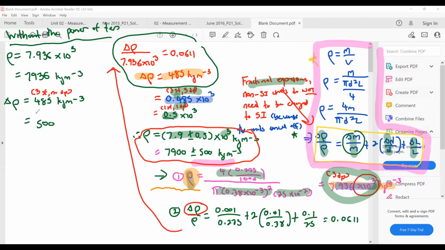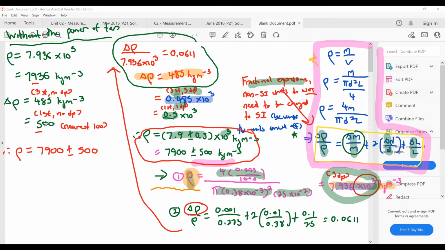But when rounded to 1SF, you notice that it's rounded to the nearest 100. So when you want to write it with your density, you just round to the nearest 100 too. So therefore, rho is 7,900 plus minus 500.